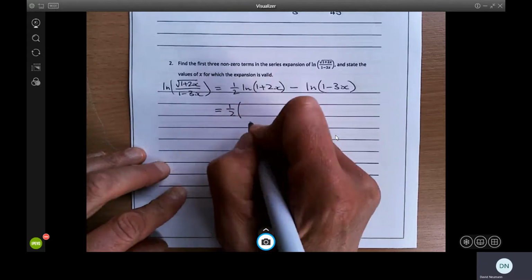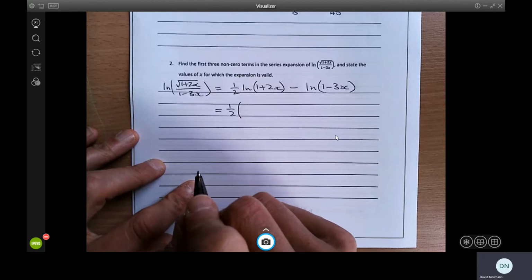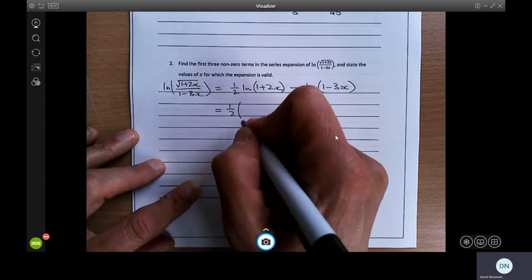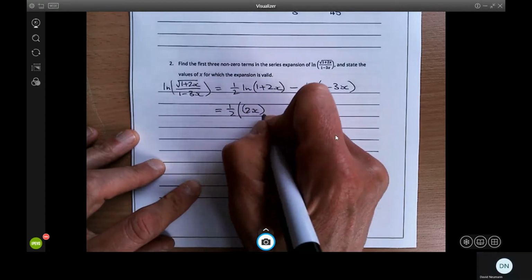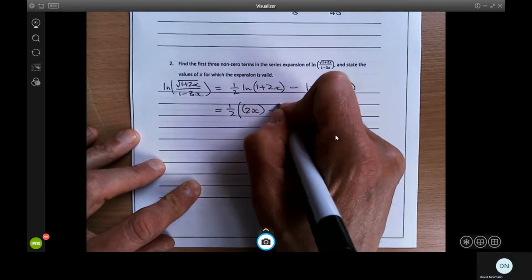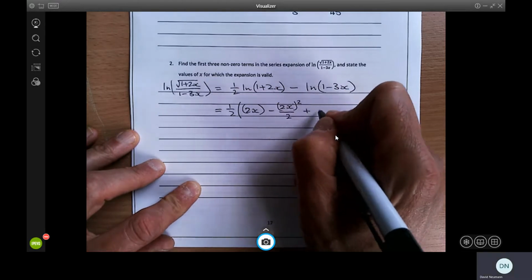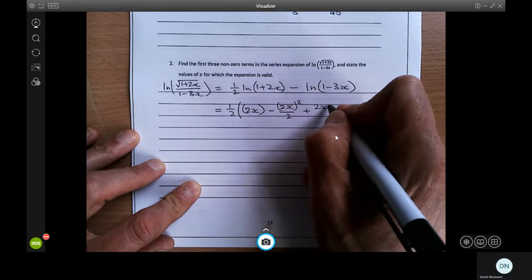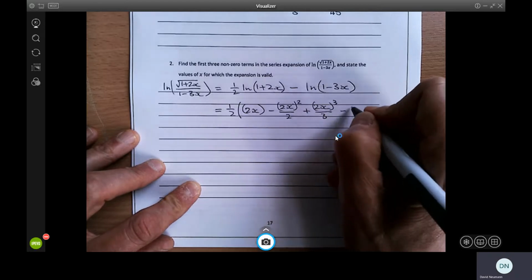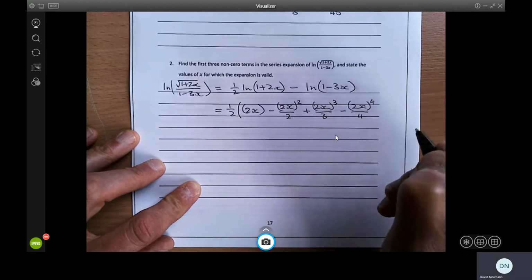So a half of the expansion of ln of 1 plus x, which is x minus x squared over 2 plus x cubed over 3 and so on. So this is 2x minus 2x squared over 2 plus 2x cubed over 3 minus 2x to the power 4 over 4.